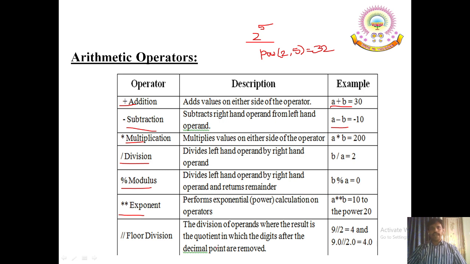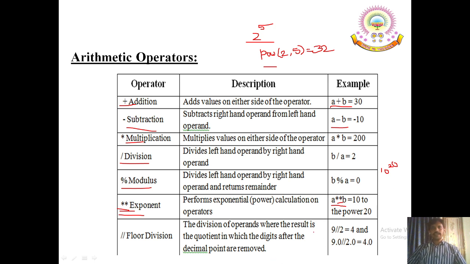But here we have a double asterisk symbol which is used for finding the exponent. Look at this: a double asterisk b equal to 10 to the power of 20. So if a and b are the variables having the values 10 and 20, a double asterisk b equals 10 power 20. So instead of using a mathematical function like pow, in Python we can simply use the double asterisk symbol. This operator was available in Pascal. Now it is available in Python.